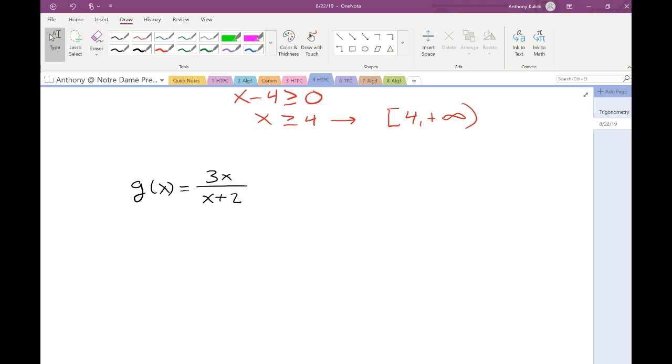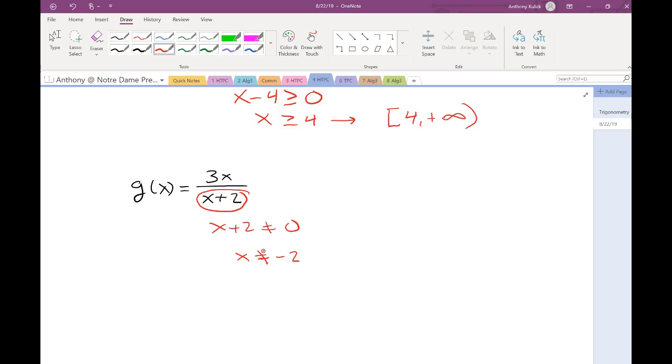Why is negative 2 a problem? Yeah, we're worried about this denominator being 0. So we want to find the values of x that make the denominator not equal to 0. So I can say that what I need is the x's that are not equal to negative 2. Everybody okay with that idea?